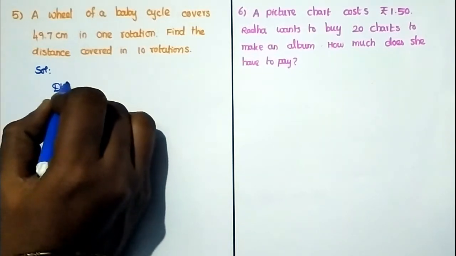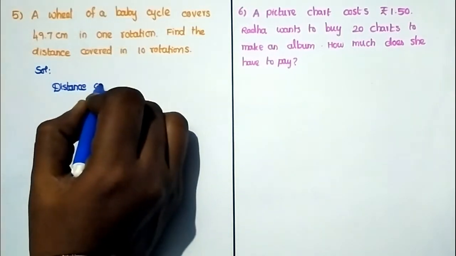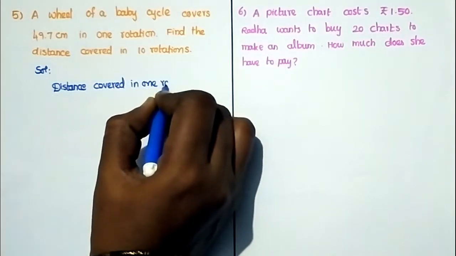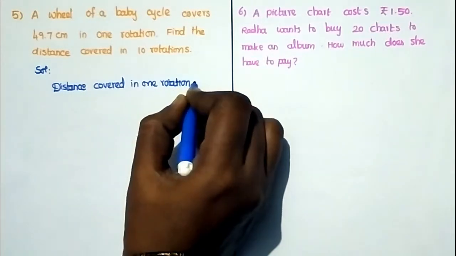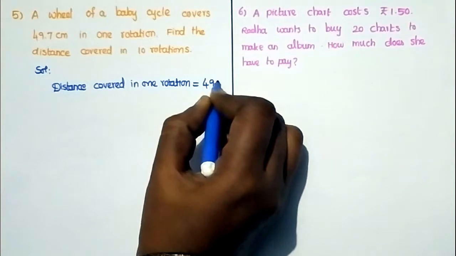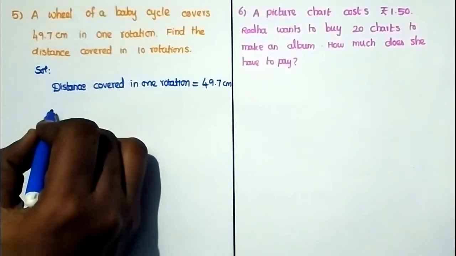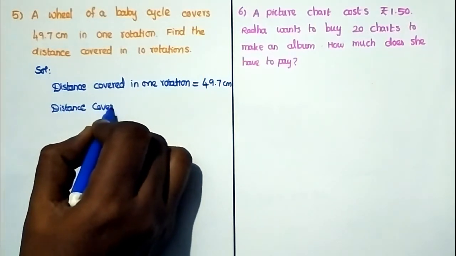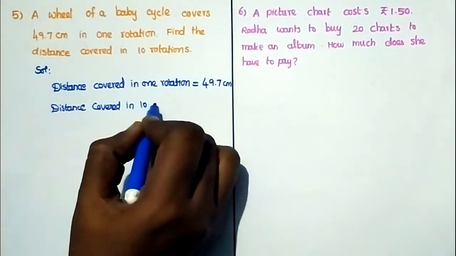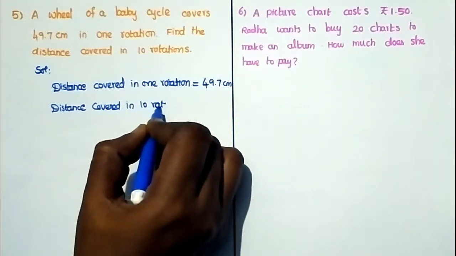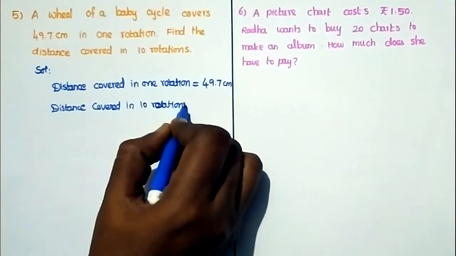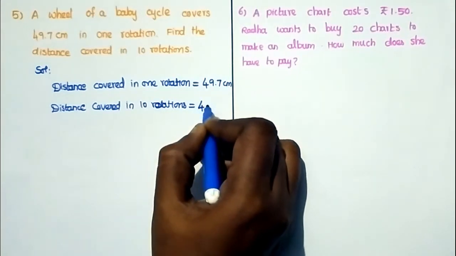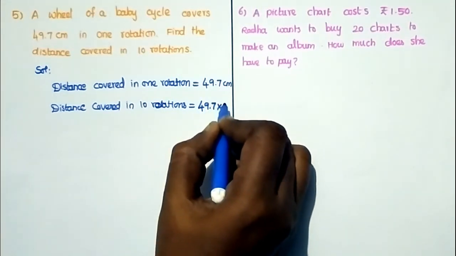So distance covered in 1 rotation equal to 49.7 centimeter. Therefore, distance covered in 10 rotations equal to 49.7 into 10.